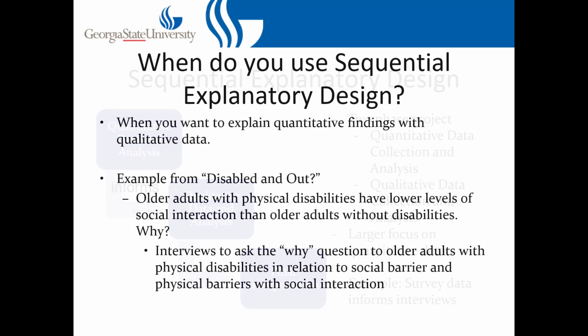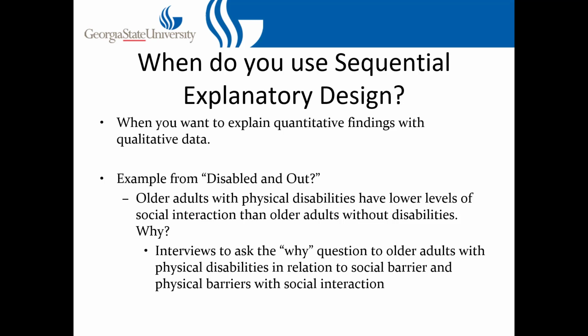So when would you use this? When you use the sequential explanatory design, how I think of it is when you want to explain the quantitative findings with qualitative data. This is going to tie closely with the study I've talked about several times, the disabled and out. So here was my question. Older adults with physical disabilities have lower levels of social interaction than older adults without disabilities.